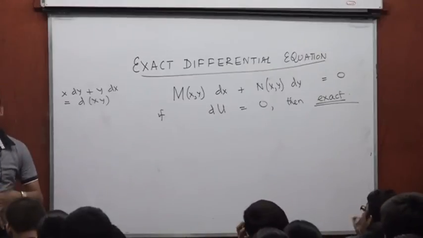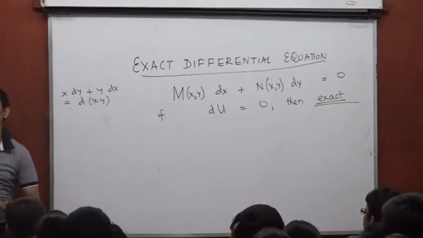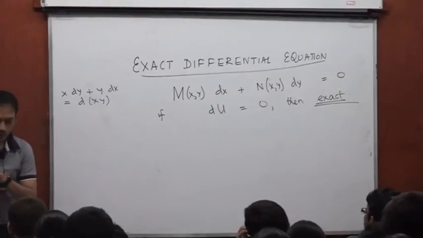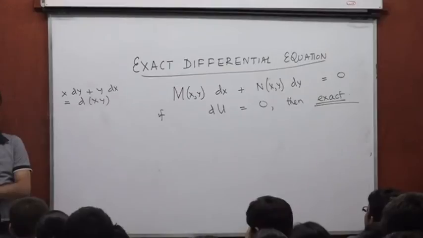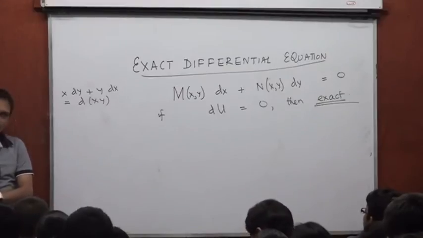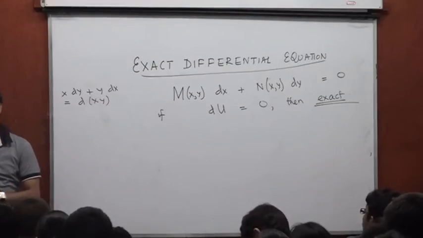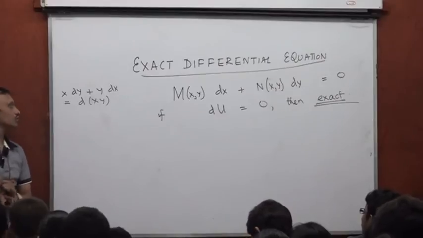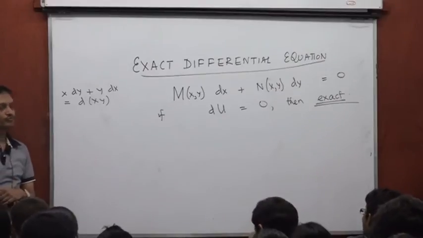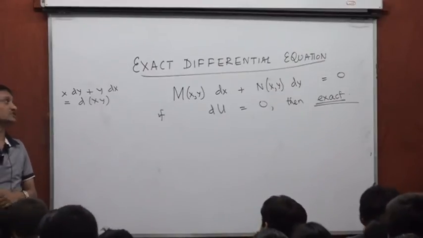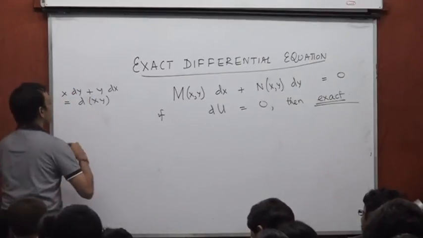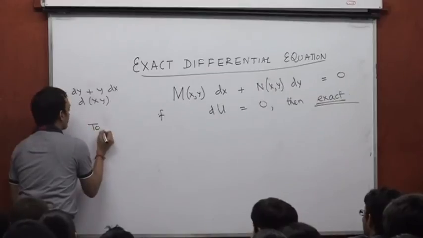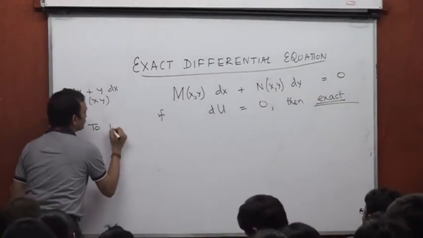Without getting into too many details related to exact differential equations, without establishing those things, let me just state a few things. First of all, how would one know if a differential equation is exact or not? One would have to carry out the following test, and this is without proof.